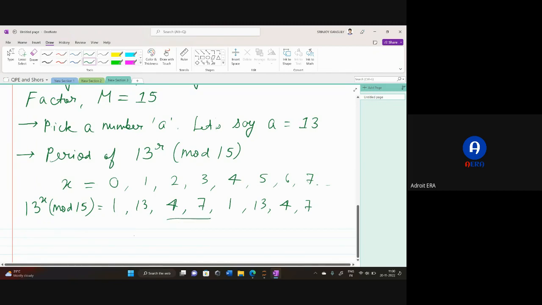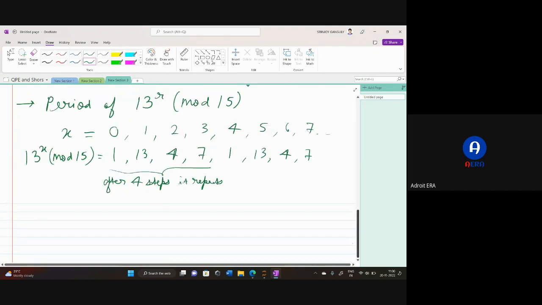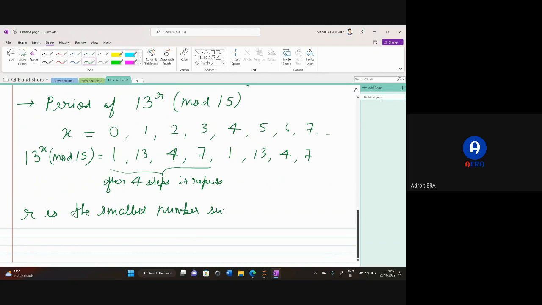Can you see? After 4 steps it repeats, right? 1, 13, 4, 7, and if you keep doing that, you are going to keep getting 1, 13, 4, 7. So therefore r is the smallest number such that a to the r mod m is 1.